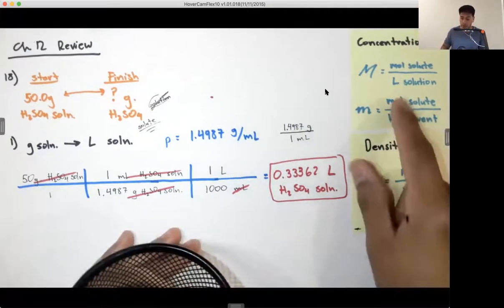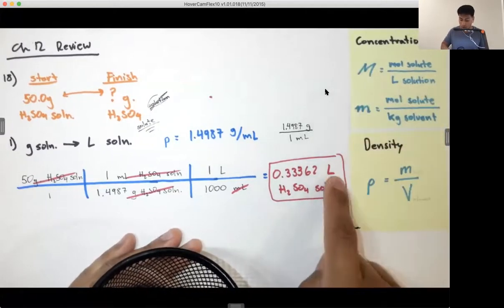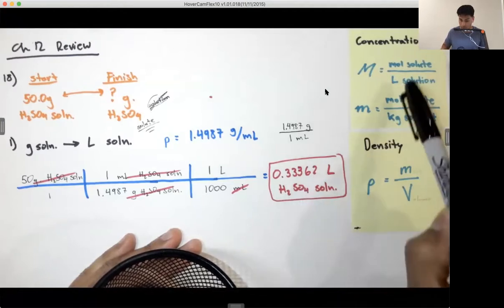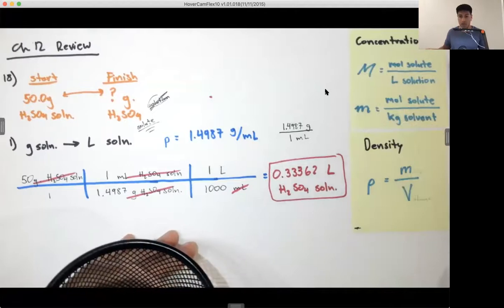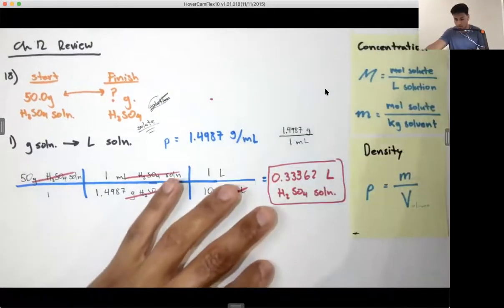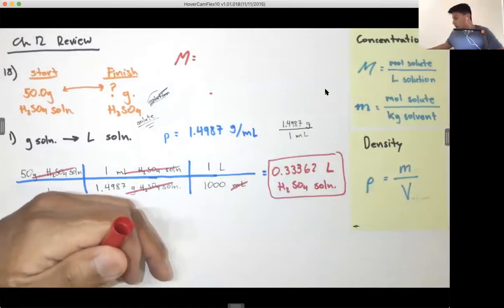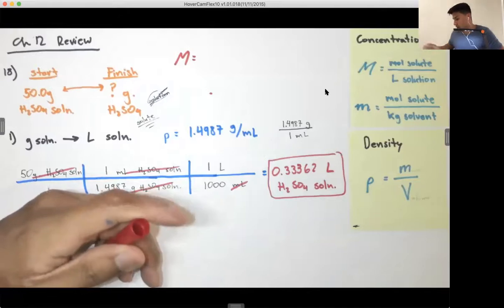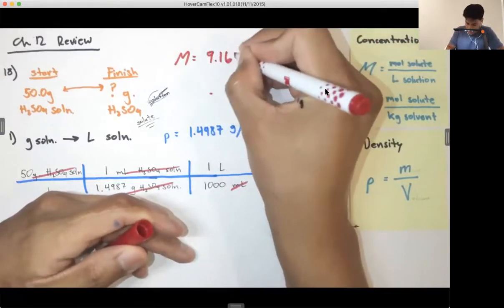What molarity will do is, if we know the concentration, and we already know the liters of solution, we know the molarity. What's the only thing that's missing in that equation? They gave us the molarity, right? Let's go ahead and write out the molarity. Actually, that's probably pretty important to do. What's the molarity that they give us in the beginning there? It's 9.168.